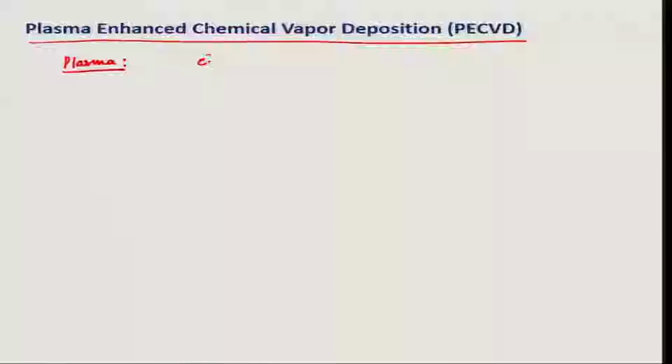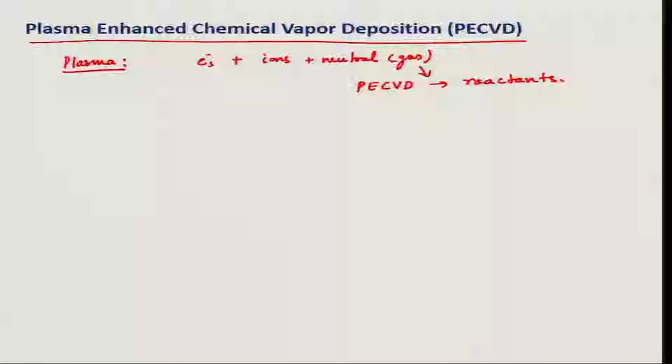Once again, plasma consists of electrons plus ions, okay, and plus neutral species of gas, right. In case of PECVD, these gases are our reactants. Okay.